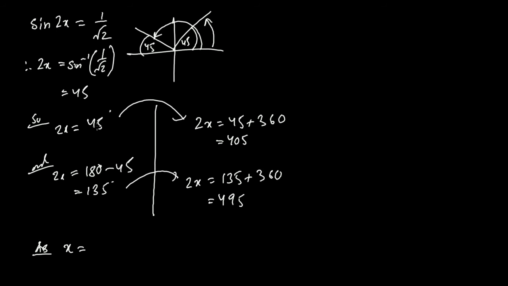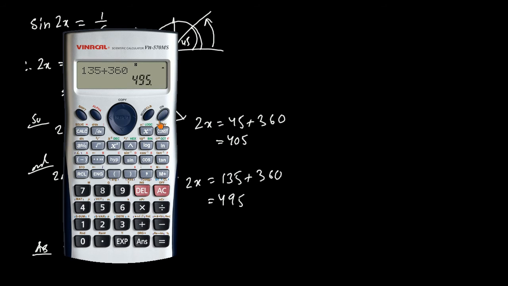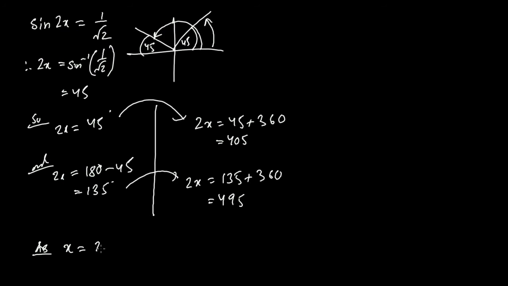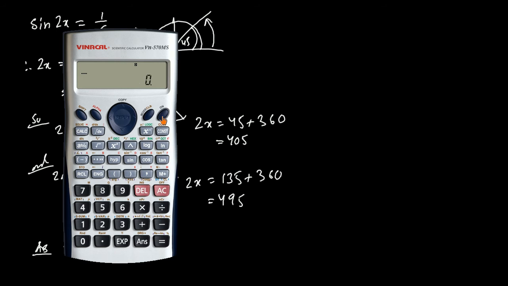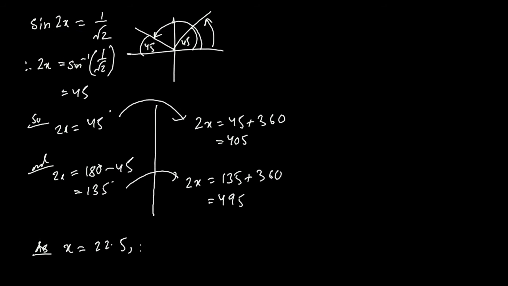So x equals 45 divided by 2. At the end we break this down. 45 divided by 2 is 22.5. 135 divided by 2 is 67.5. All is within the range of 0 to 360 degree.